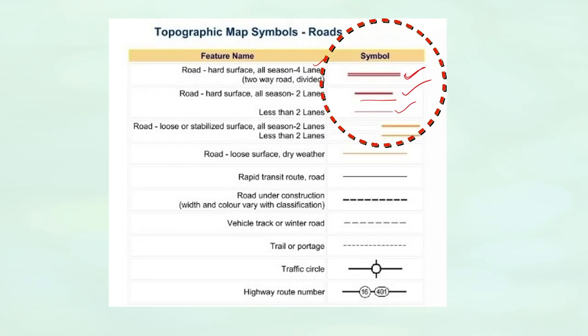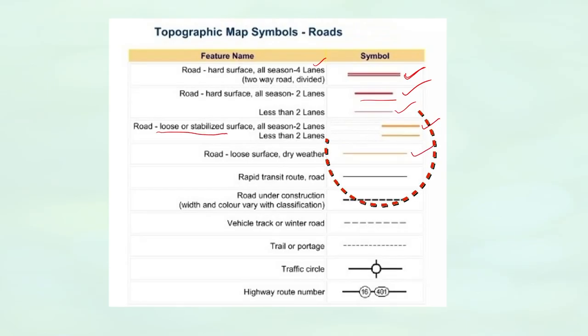Roads with loose or stabilized surface will be mentioned in yellow color, like cement roads. Dry weather roads, like a tar road, will be represented like this.